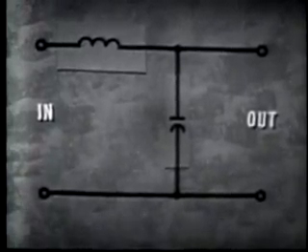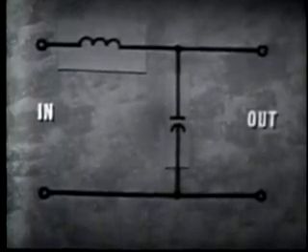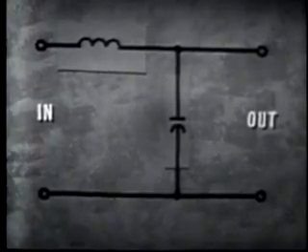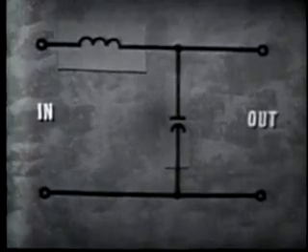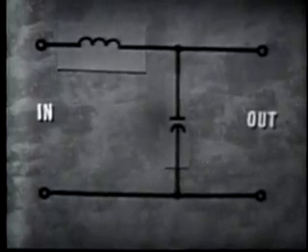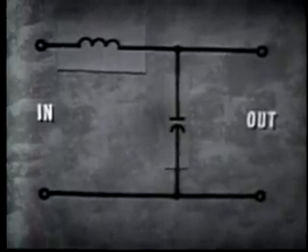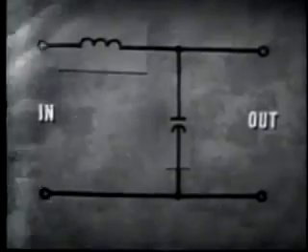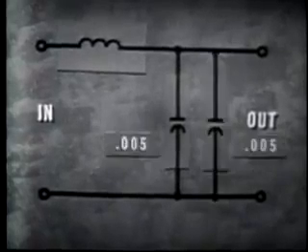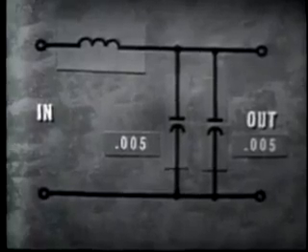That is, once the total capacitance has been determined that will affect the particular frequency range we wish to filter, we cannot deviate from that total value of capacitance. Well, since capacitors in parallel are added like resistors in series, we can replace this 0.01 microfarad capacitor with two 0.005 microfarad capacitors in parallel.